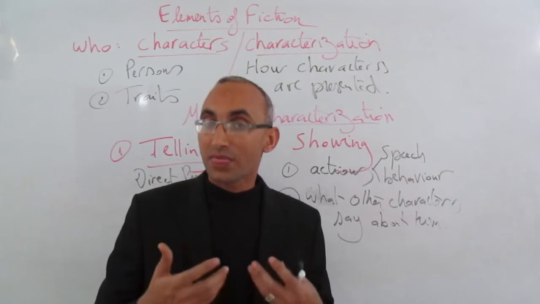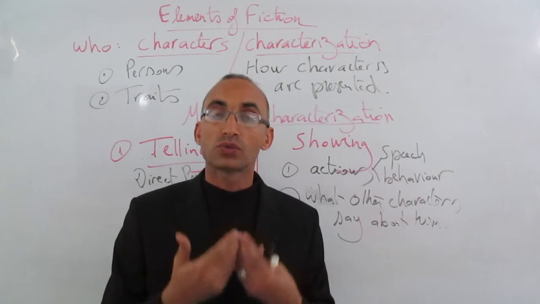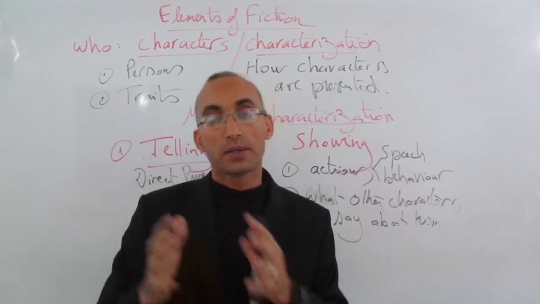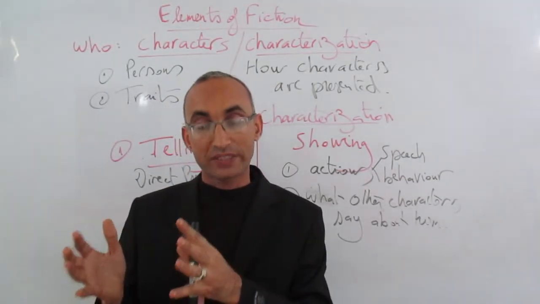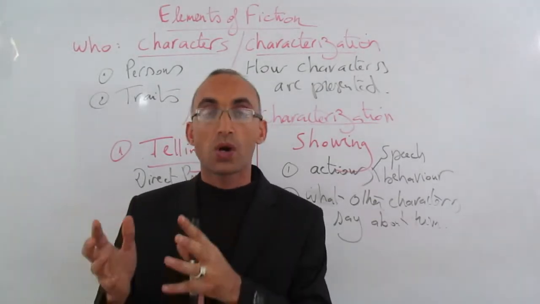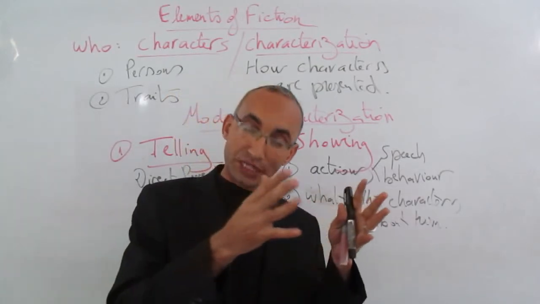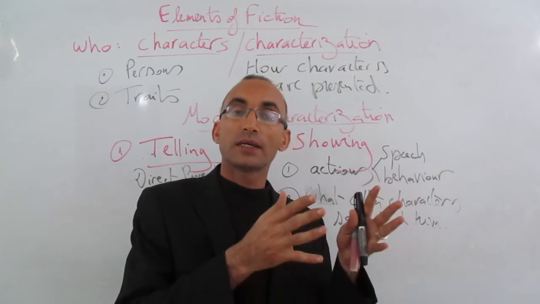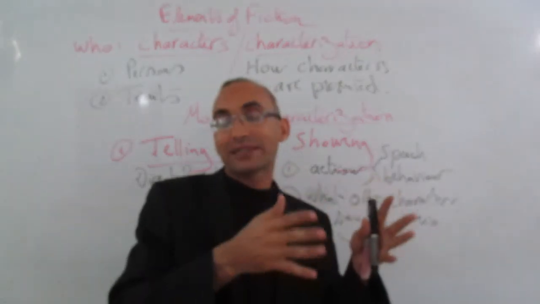But there are different types of characters, and usually we have two main categories. We have what we call main characters, which play a central role. That's why they are called either main characters, major characters, or central characters. And on the other hand, the second type or category is minor characters, or also we can say secondary characters.